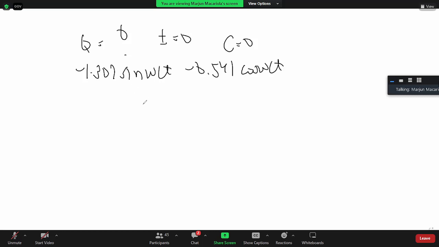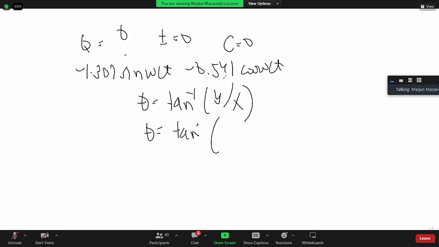To be able to find the angle, angle is arctan y over x. So angle arctan, the value of y, that is negative 0.541 over x, negative 1.307. Okay?